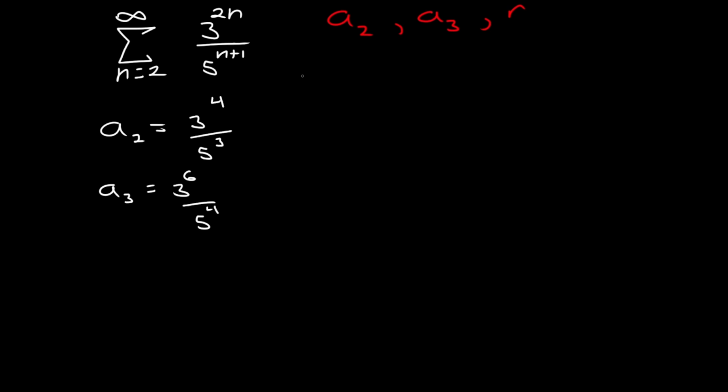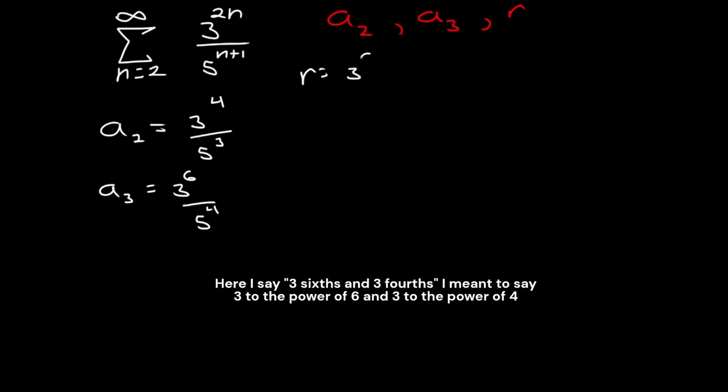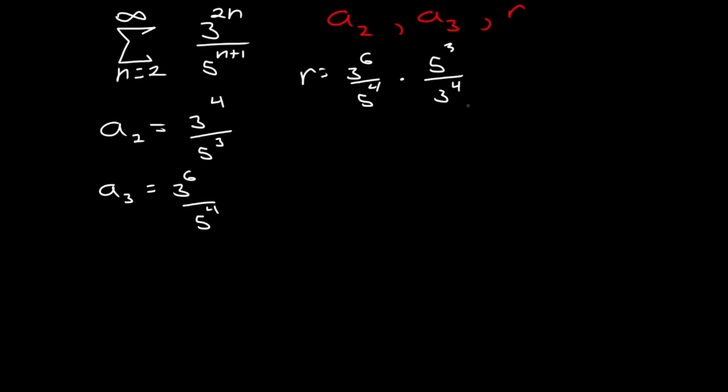So now we can look for our r. Our r is going to be equal to the second term, which is 3 to the 6th divided by 5 to the 4th, divided by the first term, 3 to the 4th over 5 to the 3rd. Instead of dividing, I'm just going to skip straight to multiplying by the reciprocal of the first term, to save time. So we have 5 raised to the 3rd power divided by 3 to the 4th.